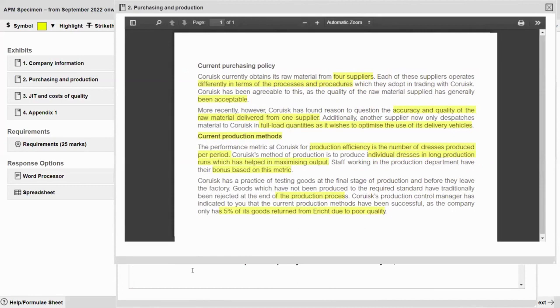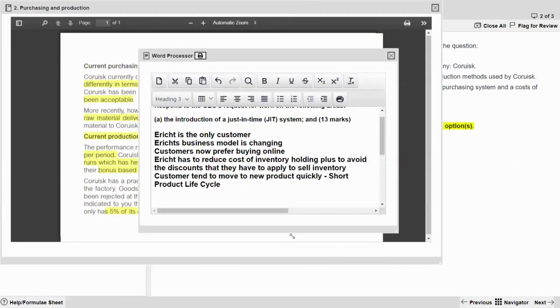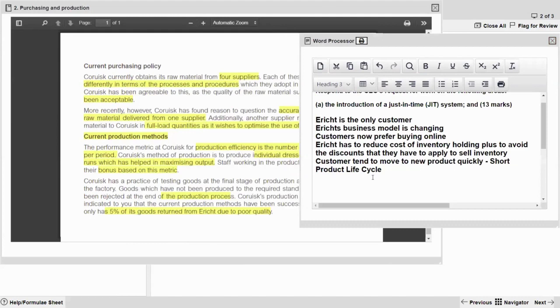So you could say, let me just put it here: multiple suppliers are used. Each supplier has a different process and procedure.